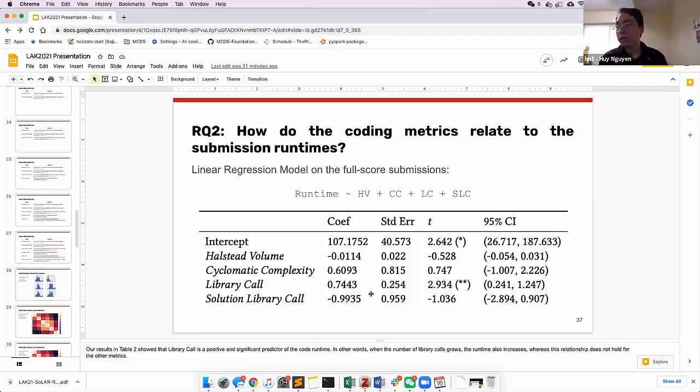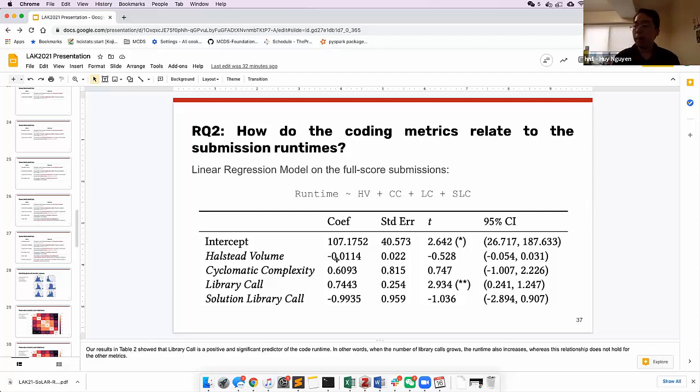So the linear coefficient here just indicates a negative correlation. When the student's code has more Halstead volume, which basically means they have more variables and operators, it turns out that their code runs in less time, which is a bit surprising, but we should note two things. First, the coefficient is not very negative, it's close to zero.